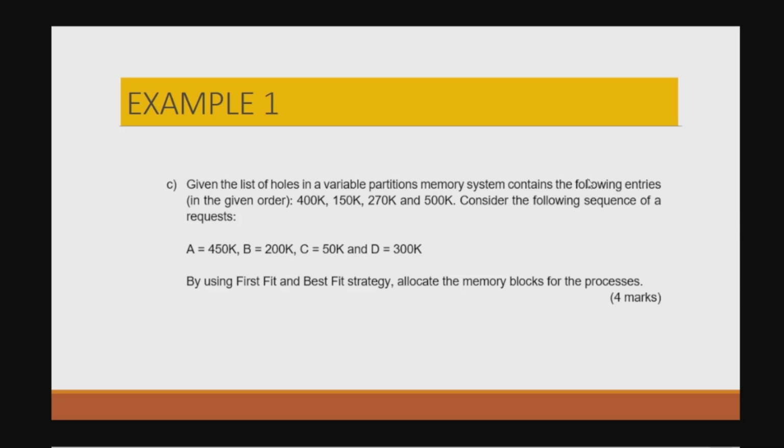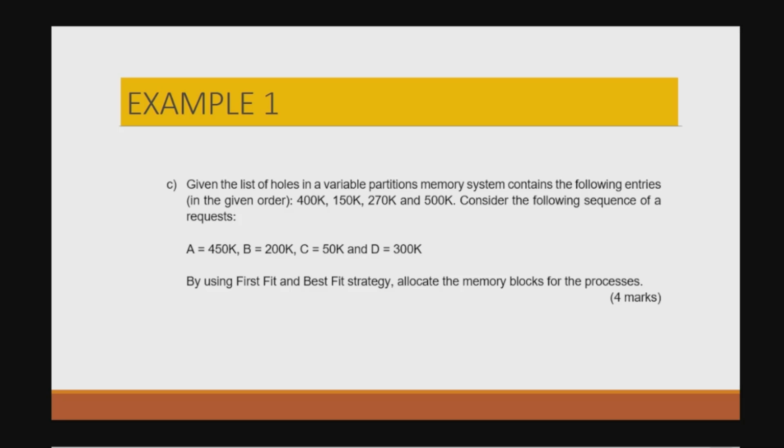The partition is in this order: 400k, 150k, 270k and 500k. So this is the size of each partition of the computer memory.